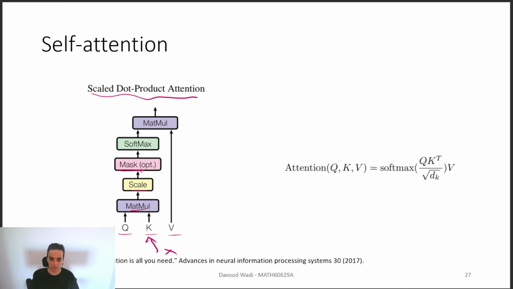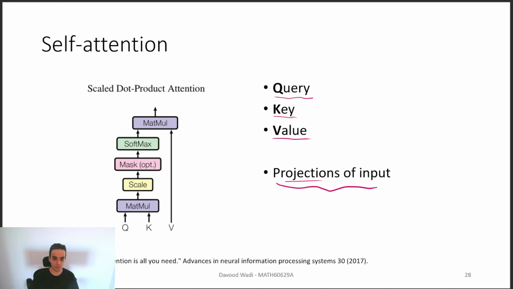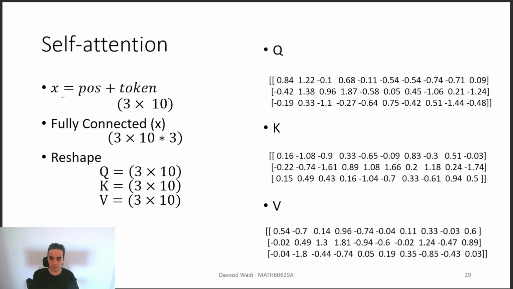Although the concepts in computer science are a bit convoluted, we can basically think of these three matrices as projections of the input, which is x. So basically take x, multiply it by a matrix, and create these three matrices. The way it's done numerically is first to take the x, which is the summation of the position and token embeddings.